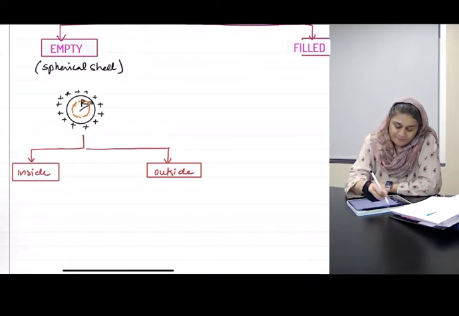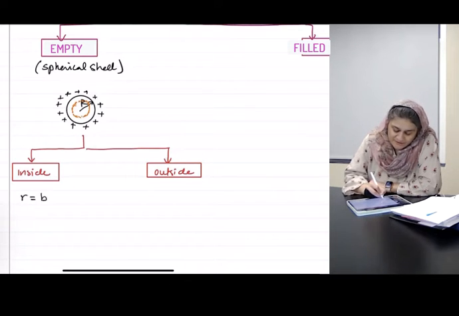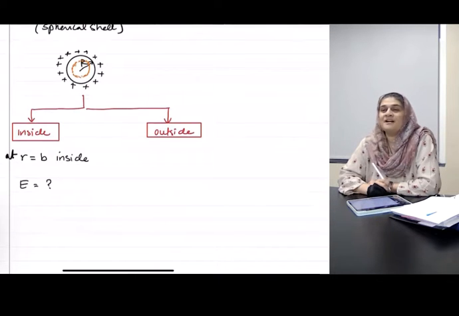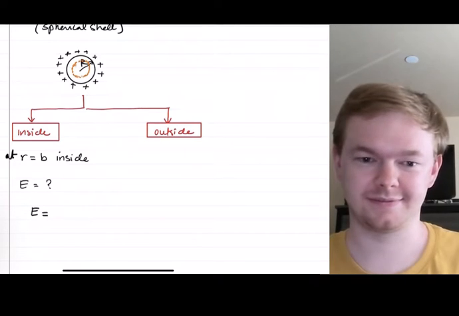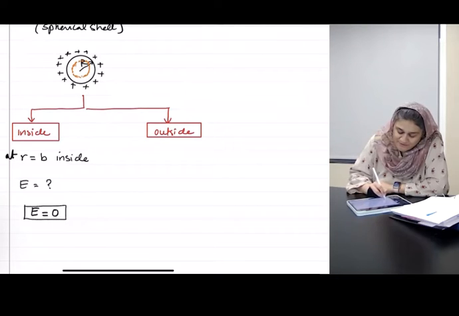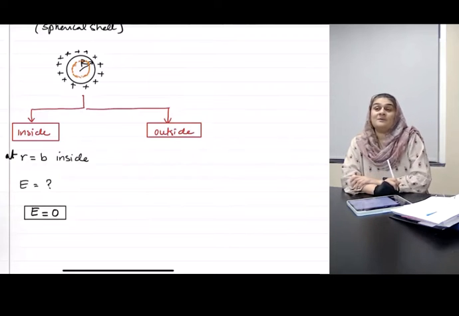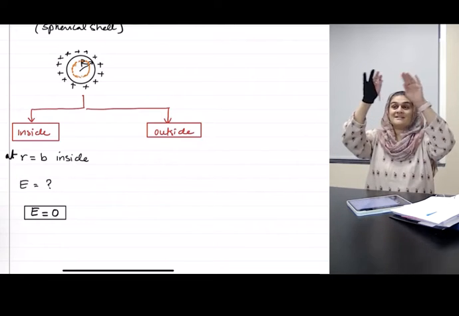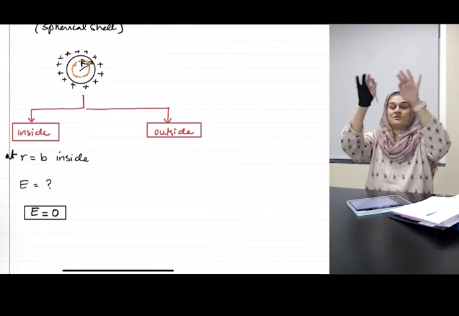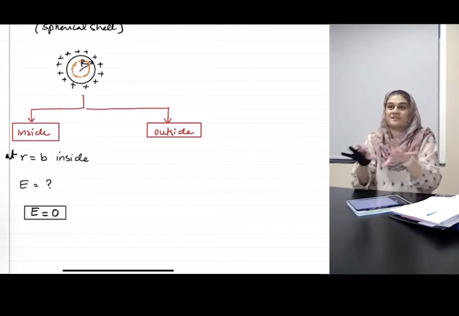I don't know, pick one. So at r equals B, inside, what is the E field? Good job, Nick. What would it be? 0. Because the charge resides on the surface only. So the E equals 0 inside the shell. Why? Because it's hollow, right? And the charge only rests on the outside, on the surface, right?